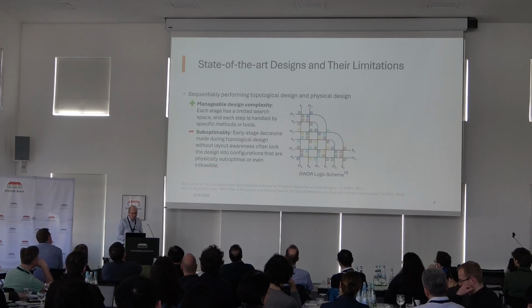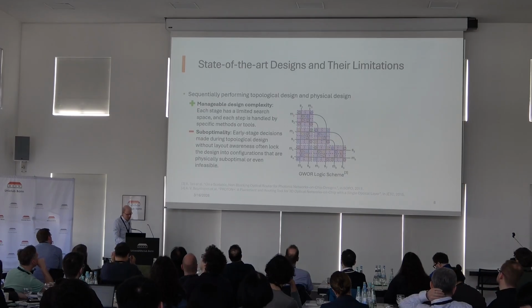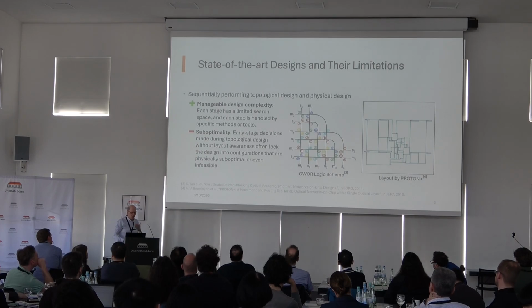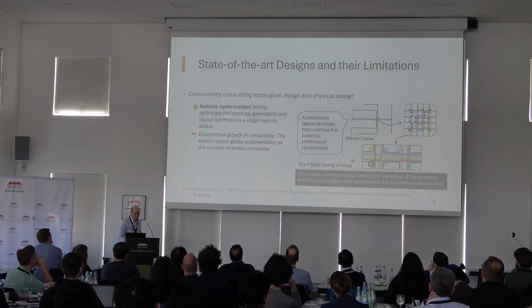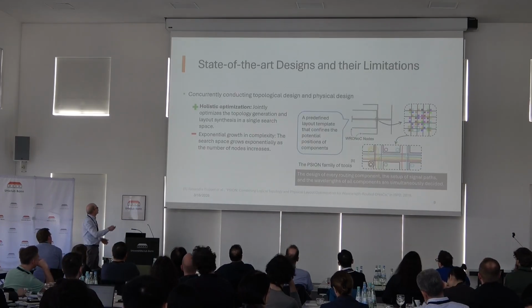And on the other hand, the physical design simply has to take the result of the topological design. And here you can see in this little animation this very nice structure. When I do the actual physical design, it gets distributed all over the place. So that leads to some suboptimality.